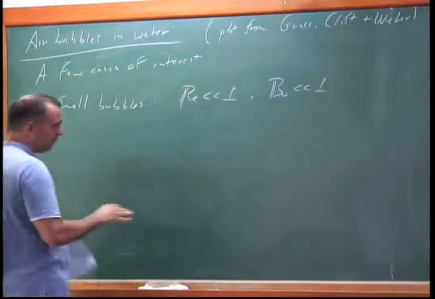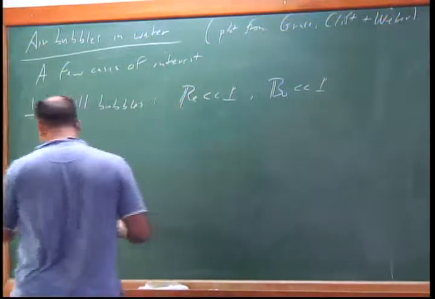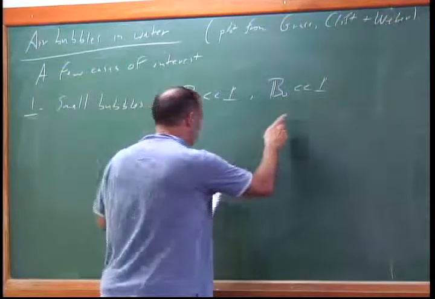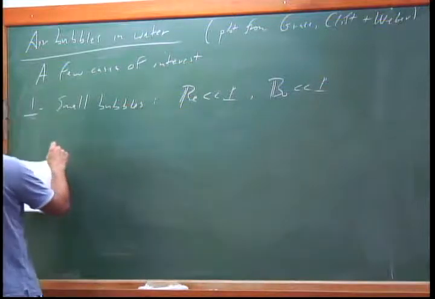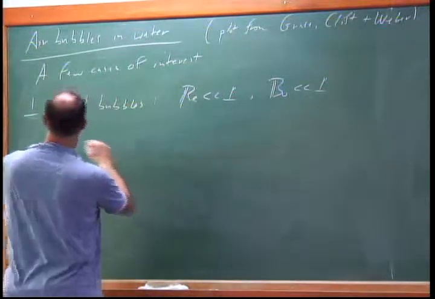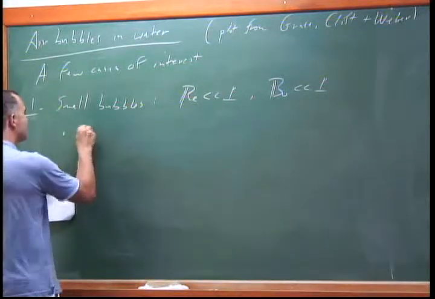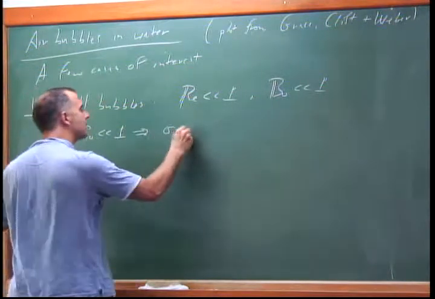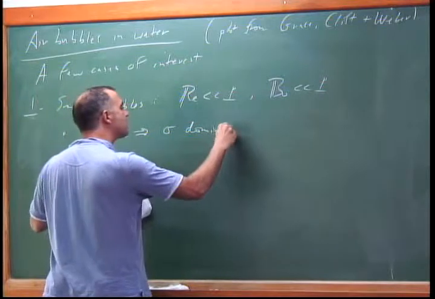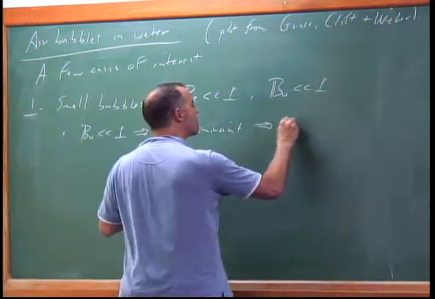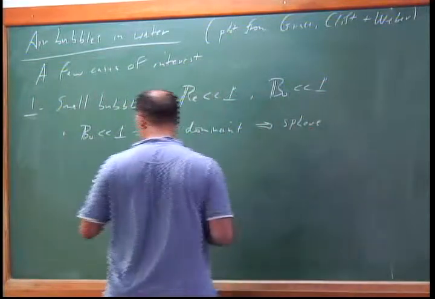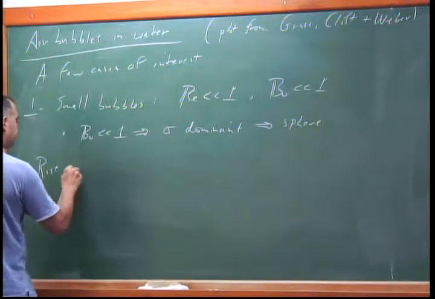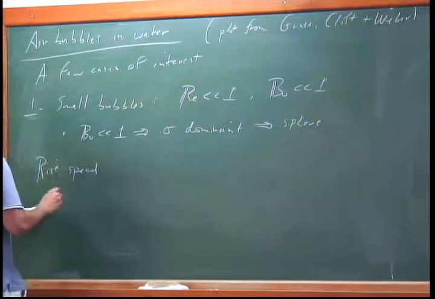Because the Bond number is small, surface tension wins, so it stays spherical. Okay, so the rise speed, what's the balance going to be?